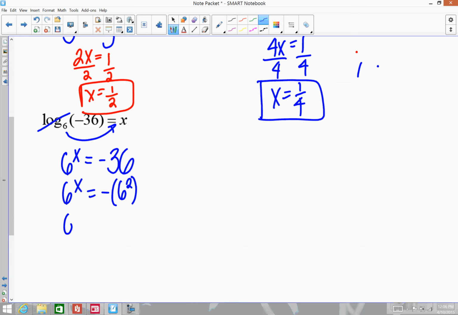So really, I have 6 to the x equals negative 6 squared. I don't have the same base here, so there's no way for me to solve this. This is not solvable because there's no x that you can get so that you'll ever get a negative 6 squared. So basically, these are not the same bases because one's positive, one's negative.